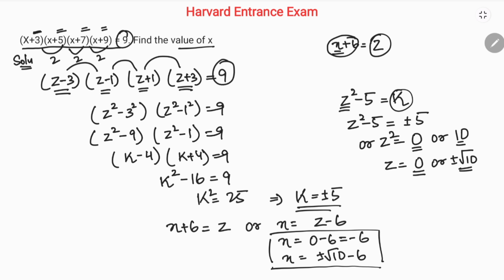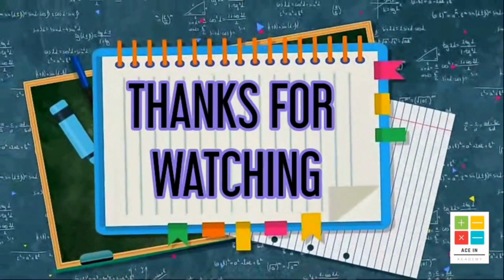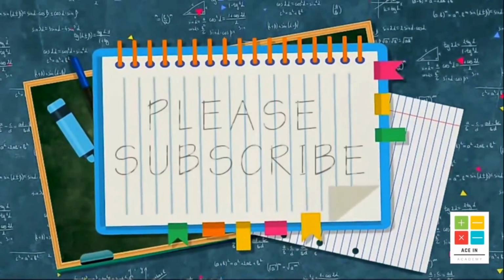From here we got this equation, that is z square minus 9 into z square minus 1 is equal to 9, and then we further substituted that z square minus 5 is equal to k, and from here we got the value of k square as 25, and from that we got the value of k, and then we reverse substituted and got the value of z as 0 or plus minus root 10, and then from here we got the value of x as either minus 6 or it can be minus 6 plus minus root 10.